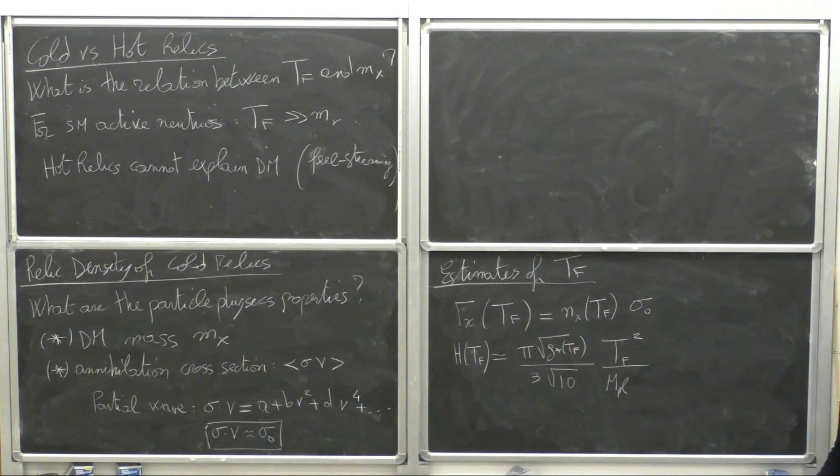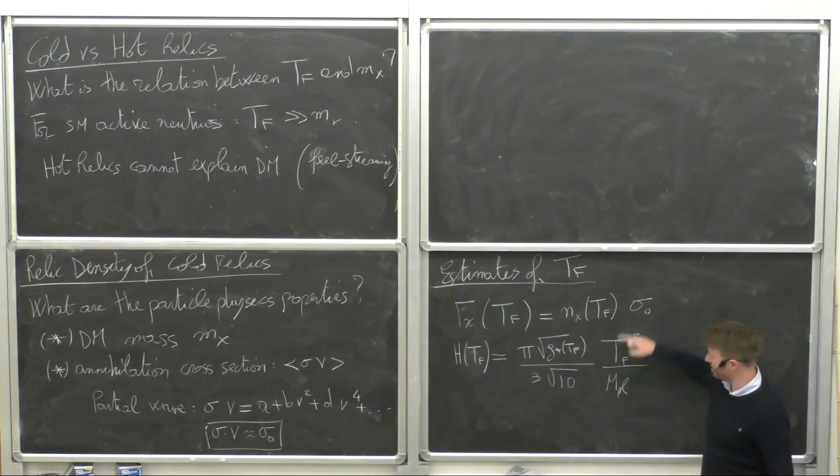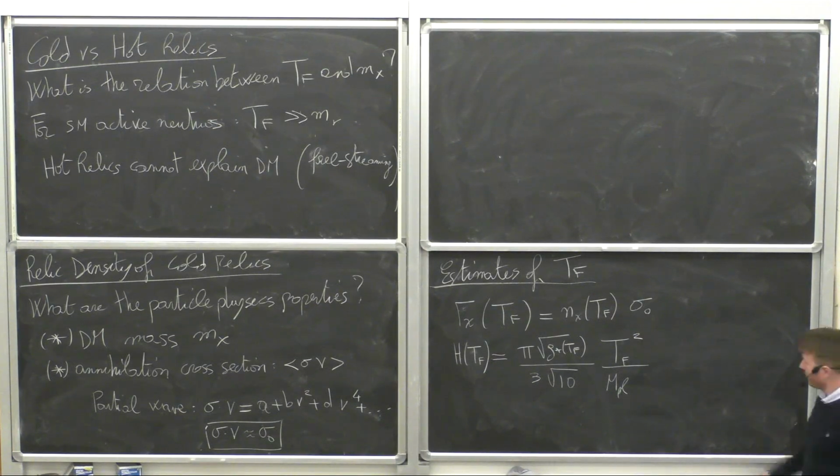This is the Friedman equation once I plug in for rho the energy density of radiation. In the end we will put this equal to this, so we will forget about Hubble. It's a number, a function of TF.